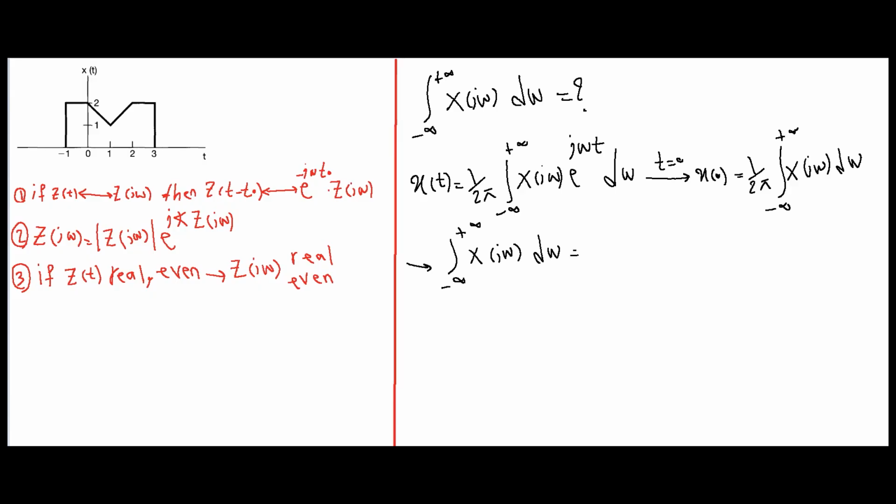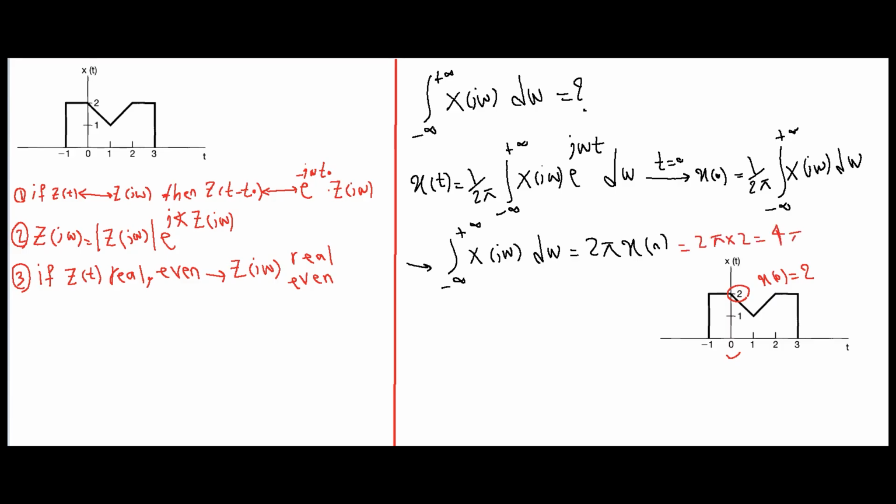Therefore, the integral of X(jω) is equal to 2π multiplied by x at time t equal to 0. Now, the value of x at t equal to 0 is equal to 2. And finally, the result becomes equal to 4π.